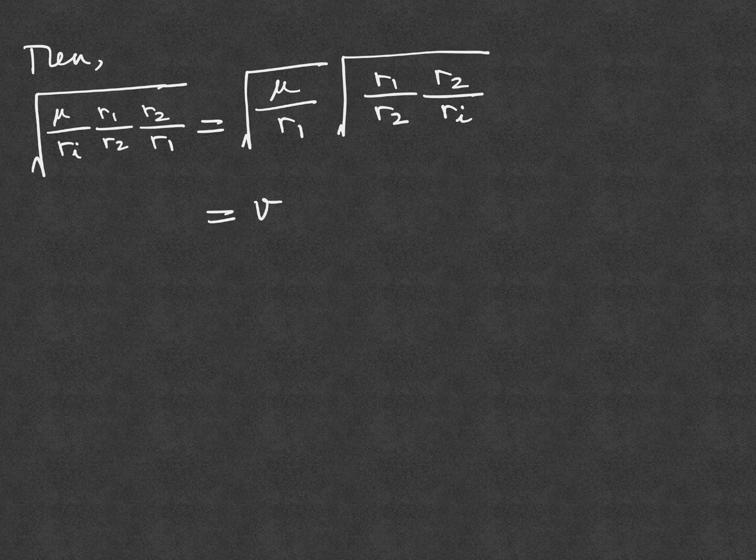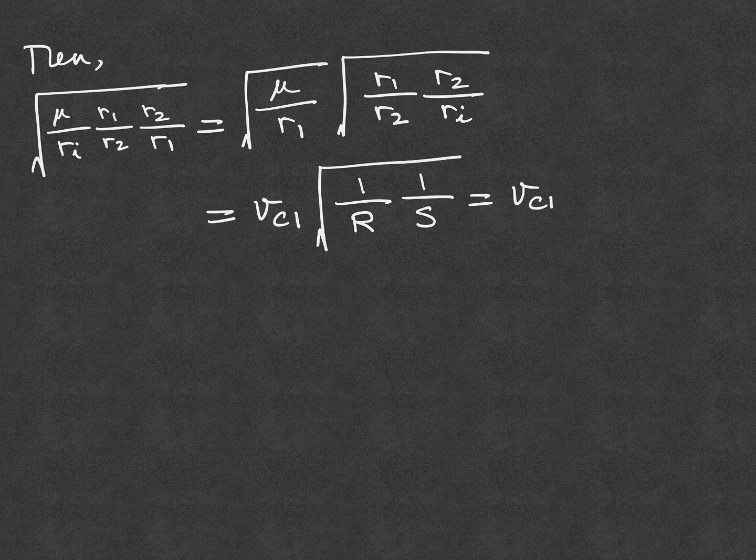So this is VC1 times some leftover ratios. R1 over R2 is 1 over R, and R2 over Ri is 1 over S. So we wind up with VC1 times the square root of 1 over RS. That's the factor in front of the two terms in the square brackets in delta V2.